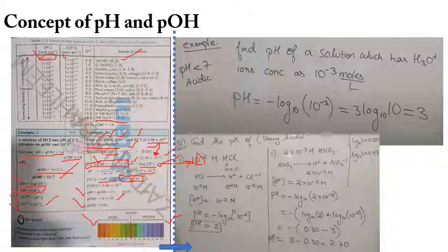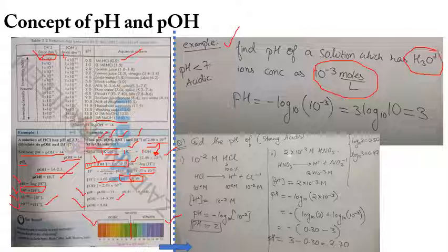Now I have given some bonus numericals for those students who are interested in this topic. The numerical is: find the pH of a solution which has H3O plus ion concentration of 10 power minus 3 mole per liter. The pH formula is minus log of H plus ion concentration.